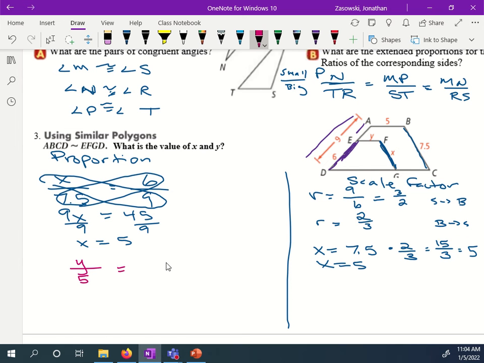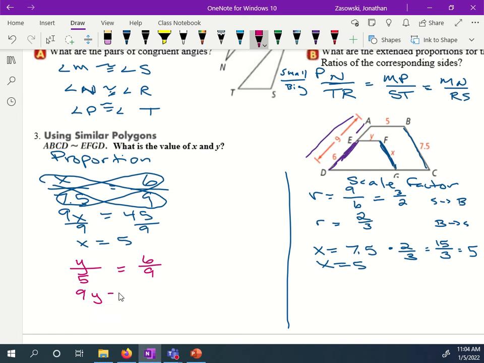Good, equals. You could still use the same one we used on the first question. 6 over 9, good. Notice that y is from the smaller figure, so we have to do smaller over larger, and then we just cross multiply and solve.